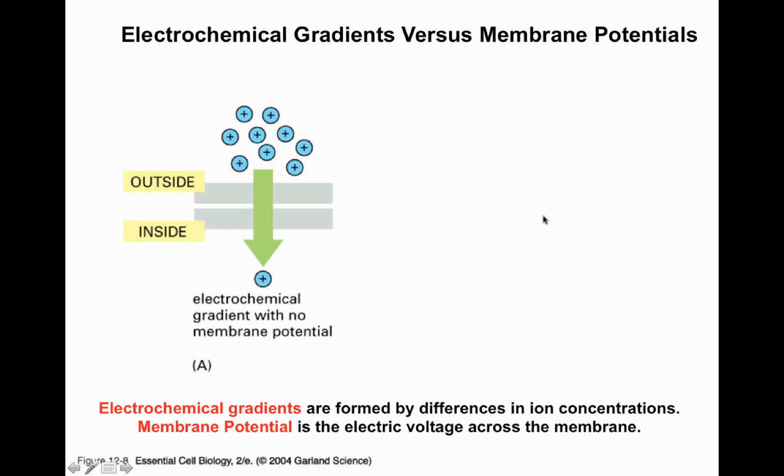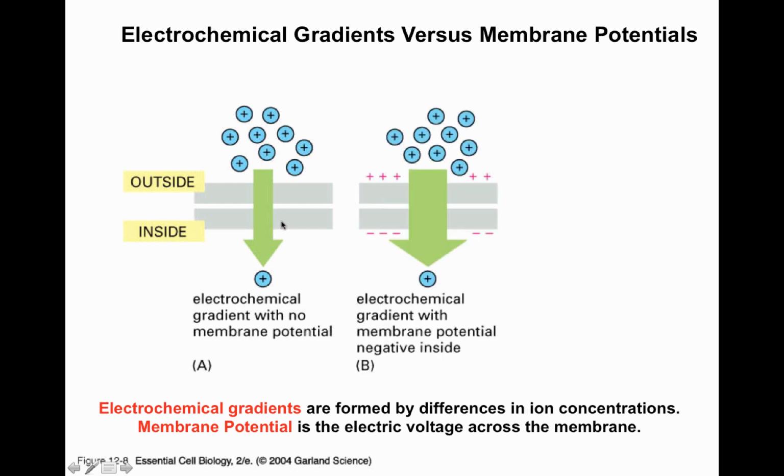Now, just as a review, let us look at the electrochemical gradient. So we talked before that if you have a membrane, and this membrane here is displaying a concentration of an ion that is greater on the outside than the inside, you do not have a membrane potential because the ions cannot move across the membrane. But if the ions are able to move across the membrane, they will move and now affect the charge of the membrane around it.